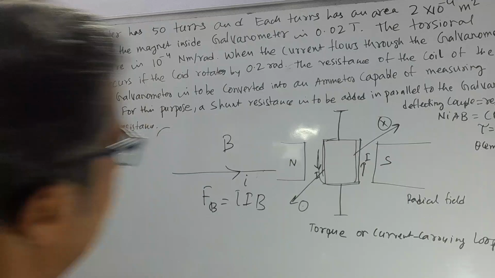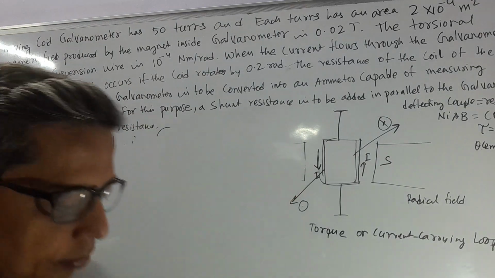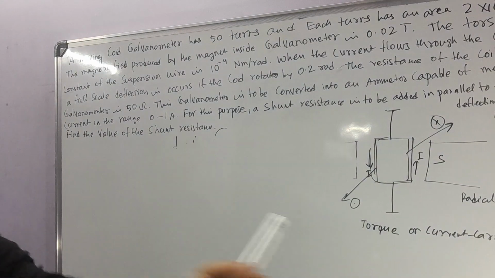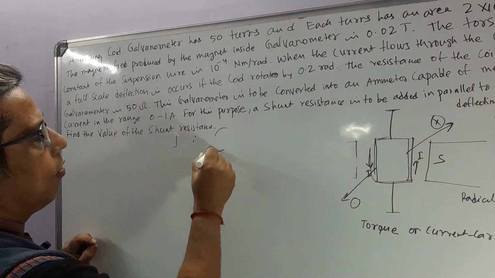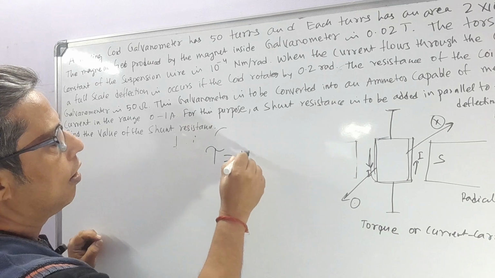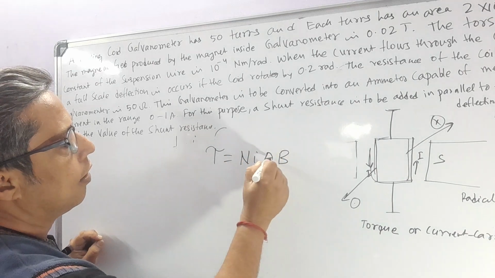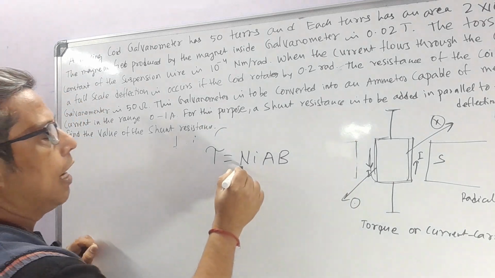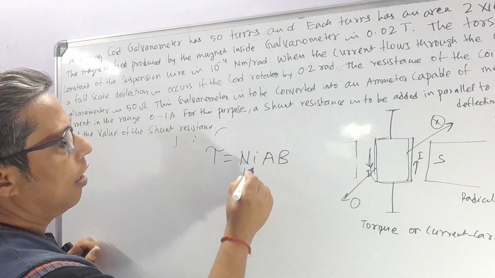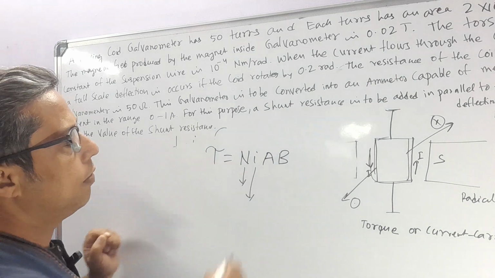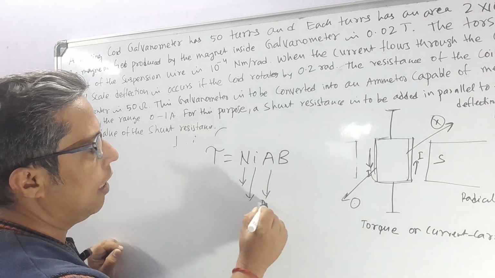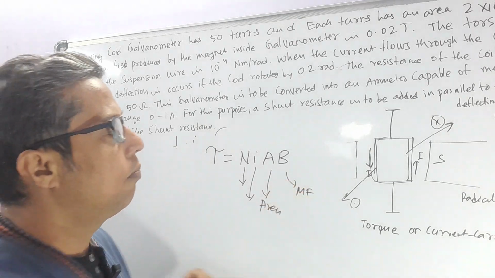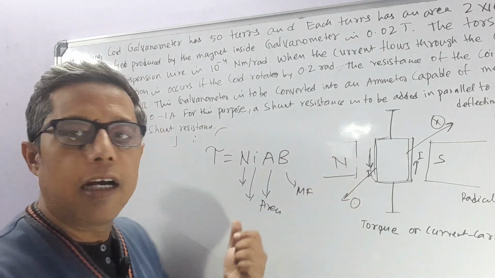Now let's come to the equation. The torque tau is NIAB. So this is the torque faced by the coil, where N is the number of turns, I is the current passing through the galvanometer, A is the area, and B is the magnetic field already present, the radial magnetic field.